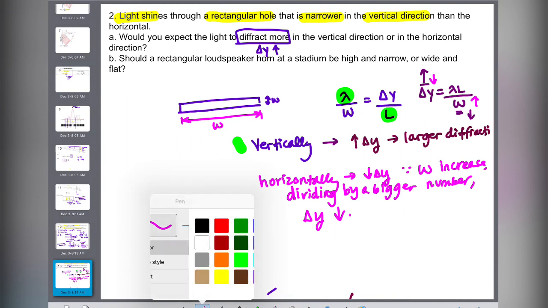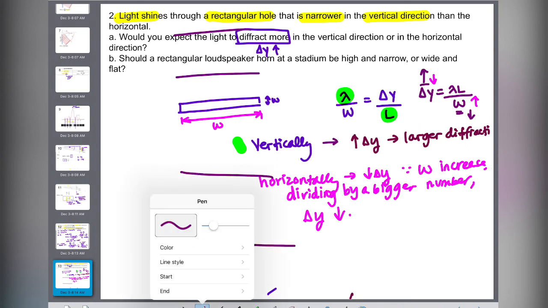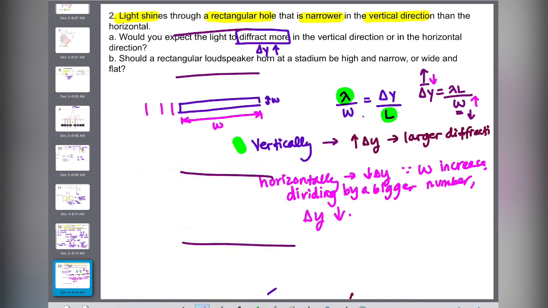So if I were to draw the wave, I'm going to have bigger diffraction this way, but smaller diffraction this way. So my dark lines would be closer together horizontally.